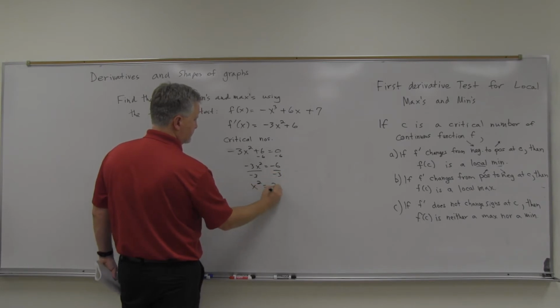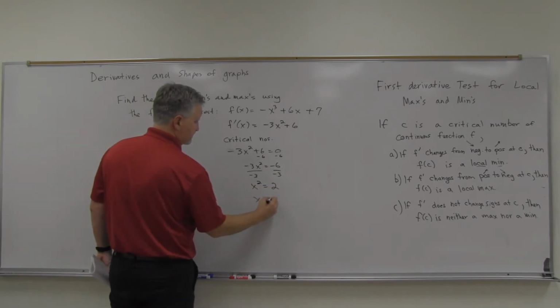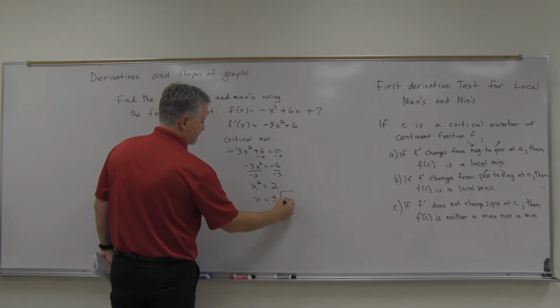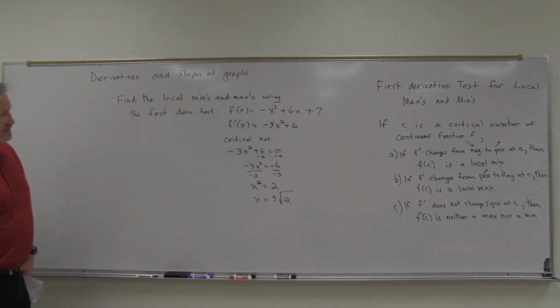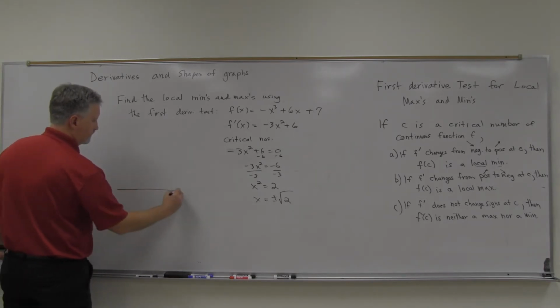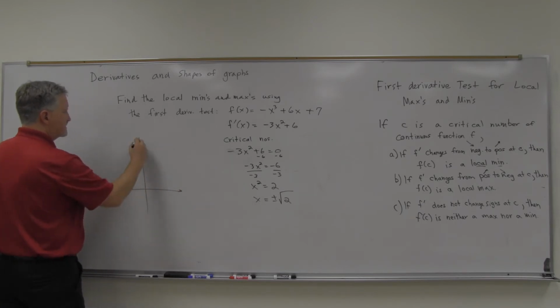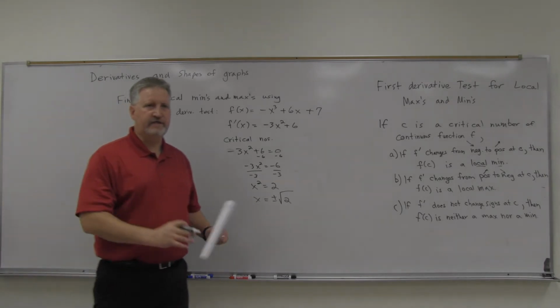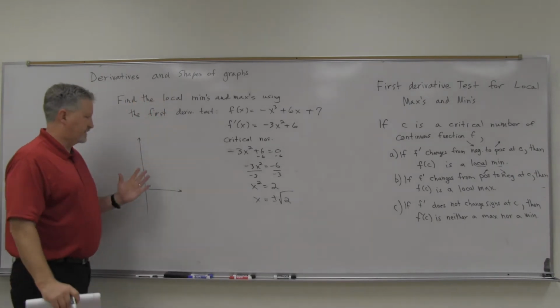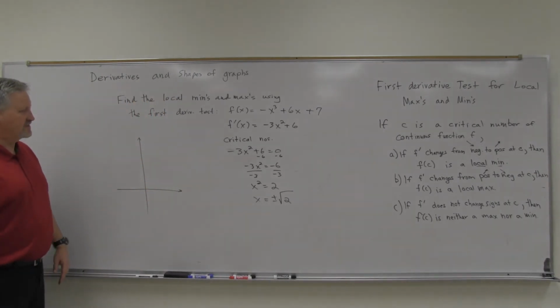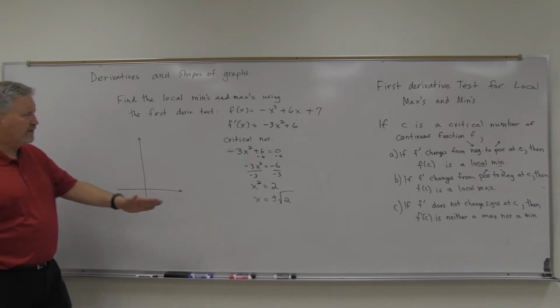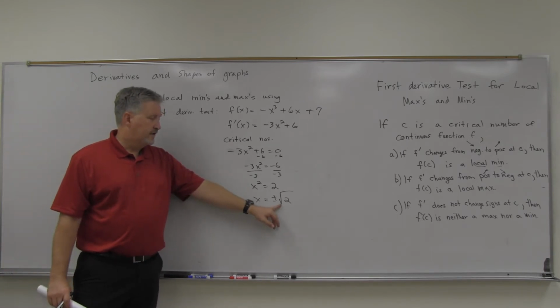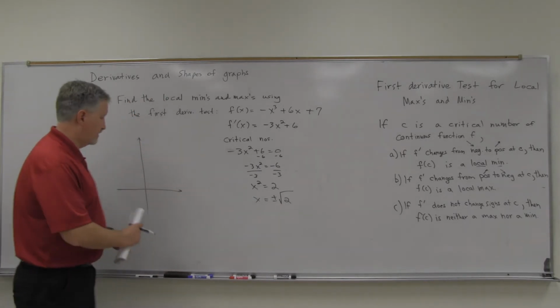So you got x squared equals 2, which makes critical numbers x equals plus or minus the square root of 2. So we've got 2 critical numbers there. All right. So just like on the increasing and decreasing, I call it the sign chart. Let's make a sign chart over here where our breaking points are going to be these critical numbers, plus or minus the square root of 2.